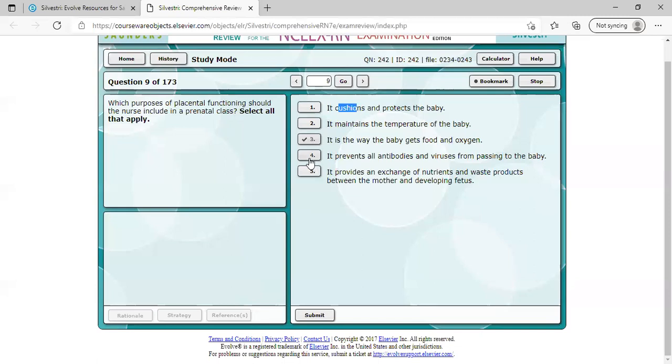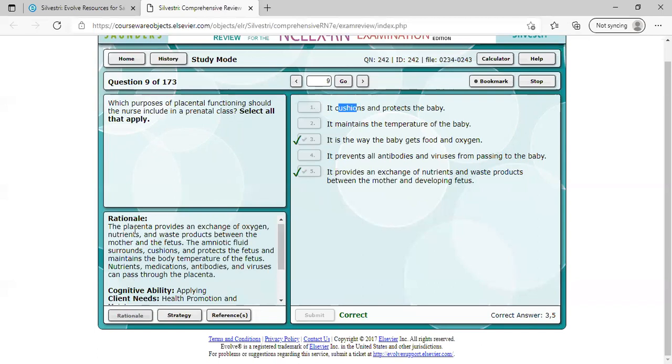And number four, it prevents antibodies and viruses from passing to the baby. So the placenta does not do that. Number five, it provides exchange of nutrients and waste products between the mother and developing fetus. Yes, it is true.